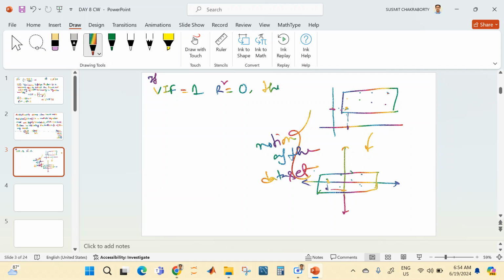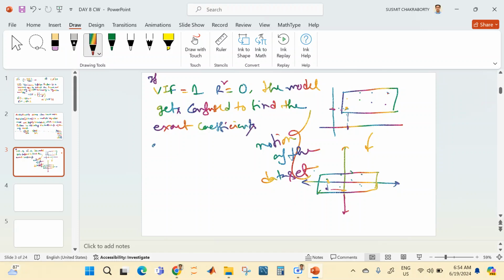The model gets confused to find the exact coefficient of the features.